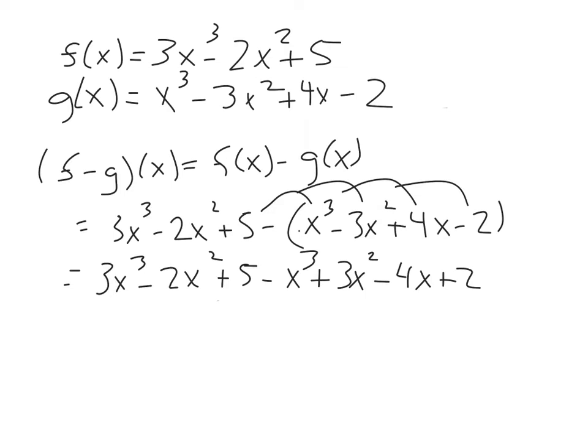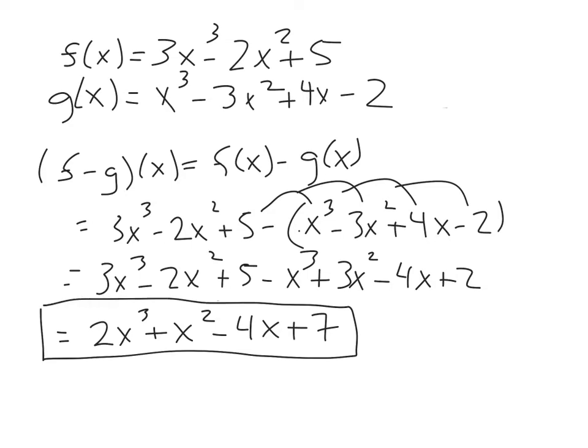The x cubes can combine to 2x cubed, and then the squareds combine to plus x squared, because negative 2 plus 3 is just 1. Now the x doesn't have anybody, so I have minus 4x, but the 5 and the 2 can combine to make 7. And then there you have it. There is your official answer, okay?